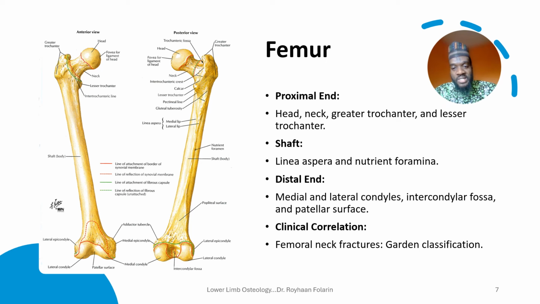There is also the Garden classification, which classifies femoral surgical neck fractures based on the level of displacement and the level of fracture that happens in that surgical neck. It categorizes them into type 1, type 2, type 3, and type 4. And then the shaft of the femur also can get fractured down here.